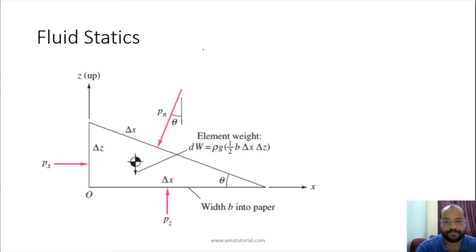Suppose we have considered a wedge of a fluid which has length delta x in the x direction, length delta z in the z direction, and delta s will be the hypotenuse.